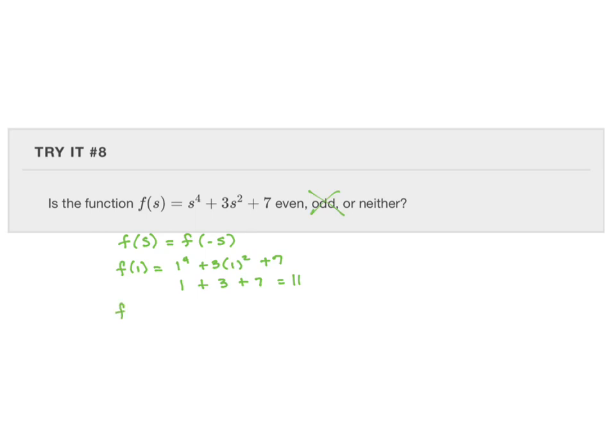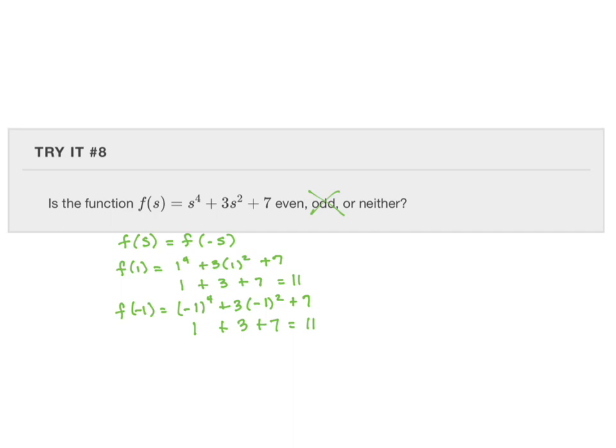Okay, now f of negative 1. We're going to now plug in that negative. And we know when we raise that negative to an even power, it stays positive. That's the nature of the even, right? 1 plus 3 plus 7 is 11.